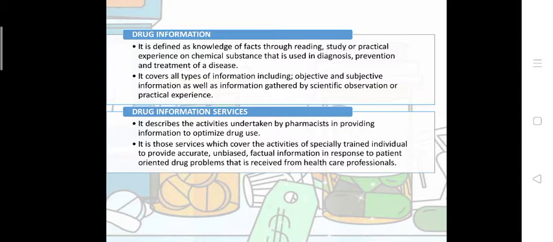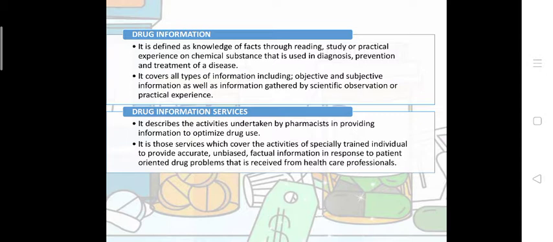Okay, so what is drug information service? The drug information service describes the activity undertaken by a pharmacist in providing information to optimize the usage of the drug. The service covers a specially trained individual, it can be a physician or a pharmacist, who provides accurate and unbiased information in response to patient-oriented drug problems received from healthcare professionals.